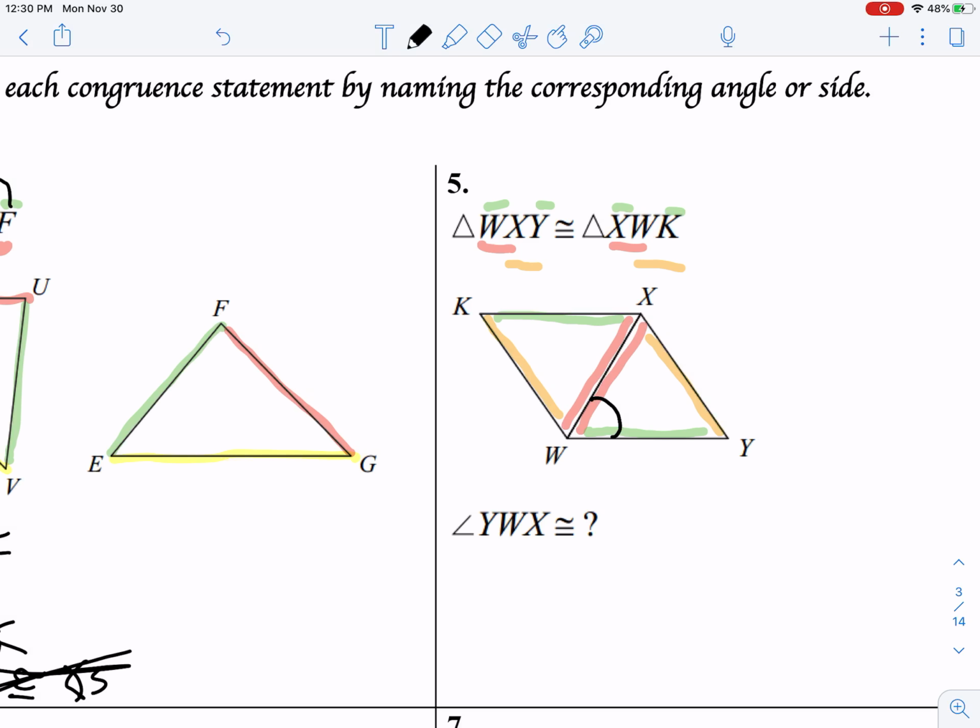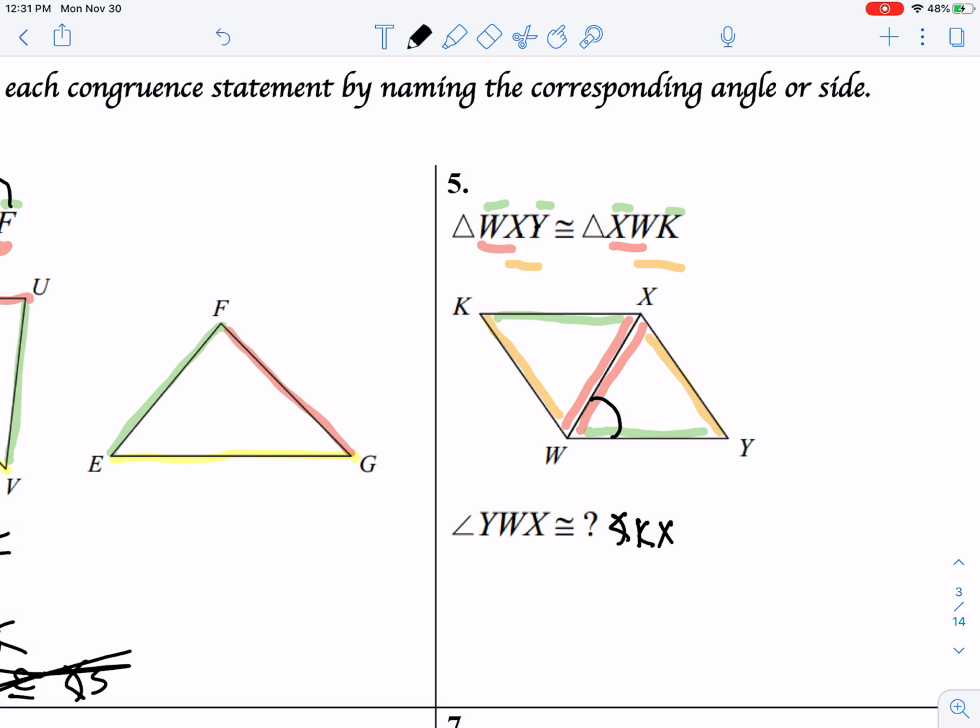So Y was listed first, then W, then X. So Y was last in my first triangle. So the last letter will be angle K. And then W was listed. So X will be listed.